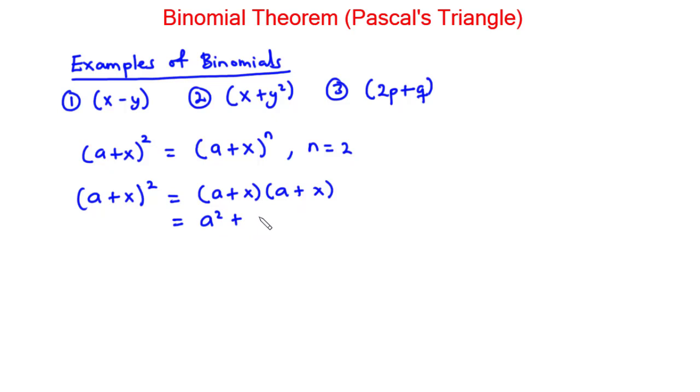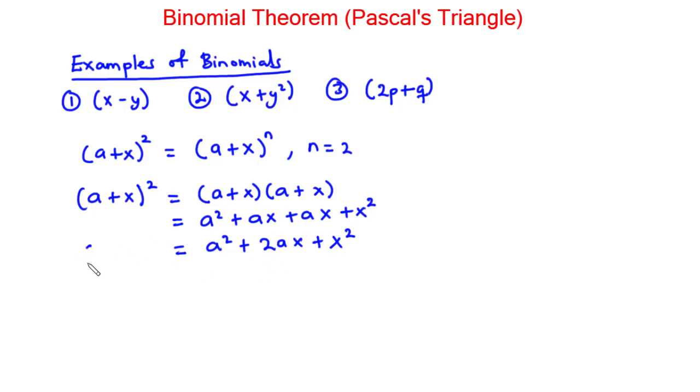X times a is ax. X times a is ax. And then x times x is x squared. So when you simplify, you have a squared plus ax plus ax is 2ax, plus x squared.